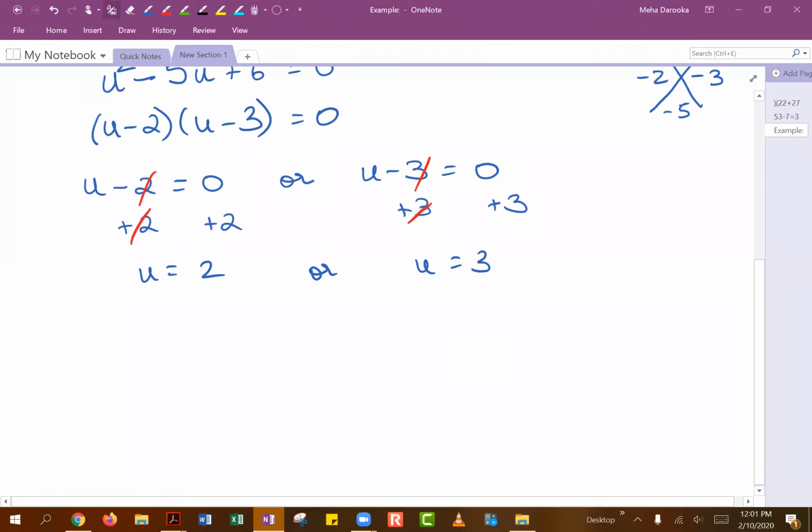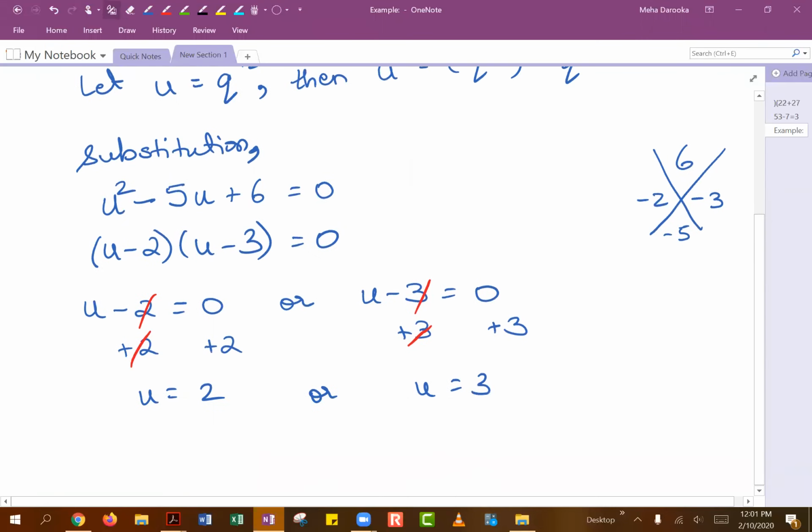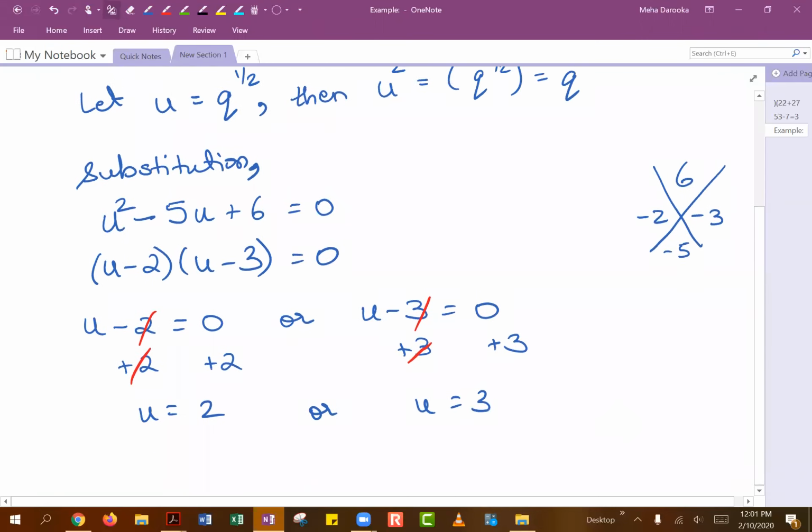Okay, you're on your own from here on. Let me see what values you get for x, or q, I guess, in this case. Got your answer already?